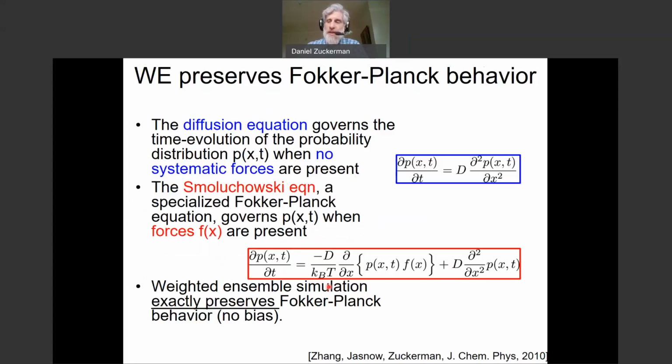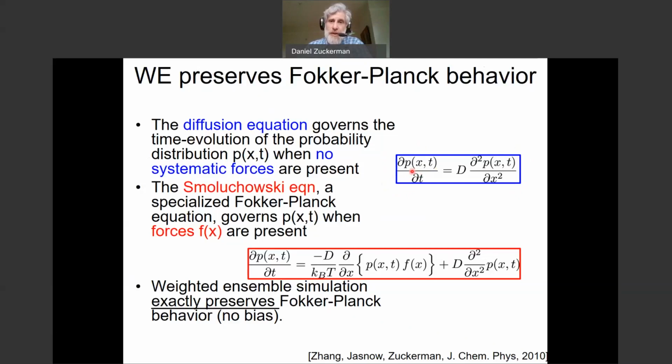So this slide has a technical name, and I apologize for that a little bit, but the point of this slide is that weighted ensemble is an unbiased method, and it's unbiased in the sense of this Fokker-Planck or Smoluchowski description. If you haven't heard of that, don't worry about it. It's basically the analog of the diffusion equation for more complex systems. So you know that in simple diffusion, you have this equation that governs the probability distribution as a function of time.